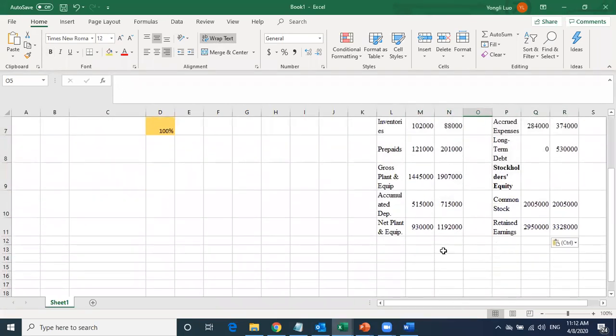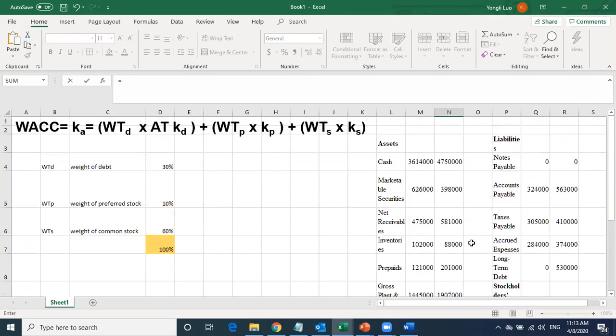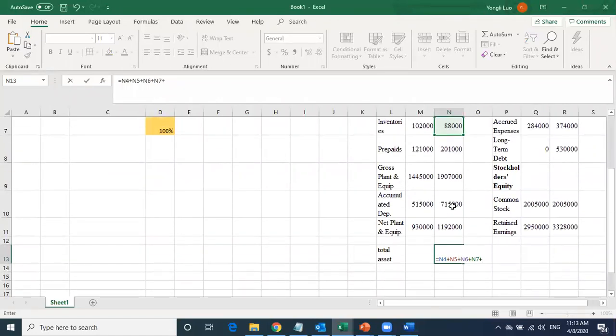For 2015, your total assets equal your cash plus marketable securities plus net receivables plus inventory plus prepaid, plus the gross property, plant and equipment less depreciation.